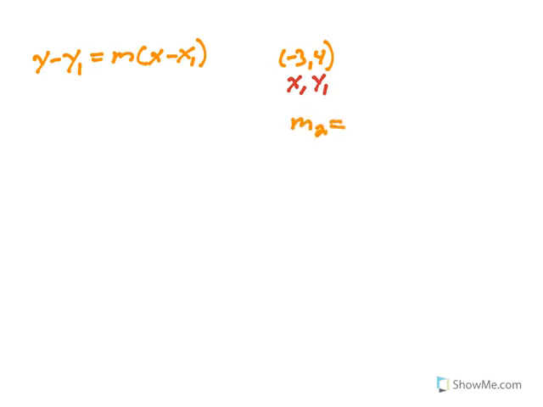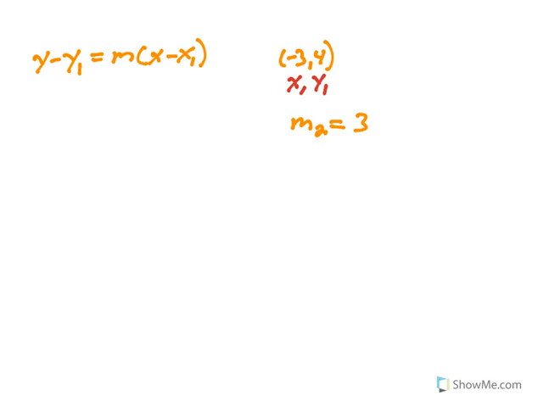We're going to go ahead and write it down. y minus y1 equals m times x minus x1. Remember that we used a point. Our point that was given was -3, 4. So we're going to label that as x1, y1. And then my slope that was perpendicular, remember, we said was 3.